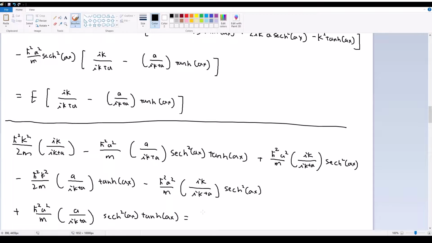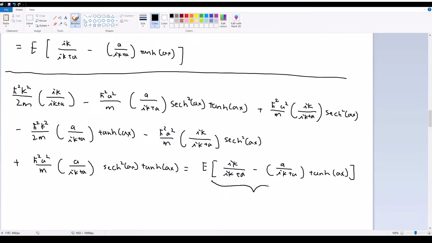And this is supposed to equal E times ik over ik plus a minus a over ik plus a hyperbolic tangent ax, where this term is psi k effectively.